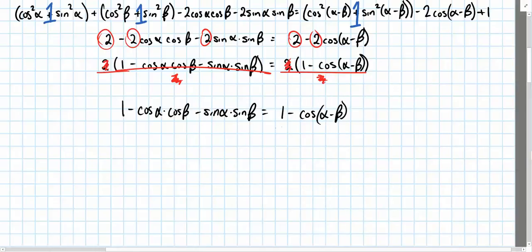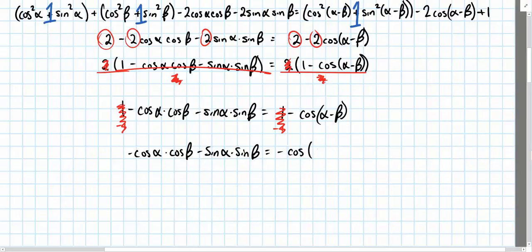Let's see here. Let's subtract 1 from both sides of the equation. That'll get the 1 over here to cancel, and that'll get this 1 over here to cancel as well. So we're now left with negative cosine alpha times cosine beta minus sine alpha times sine beta, and that's equal to negative cosine of alpha minus beta.